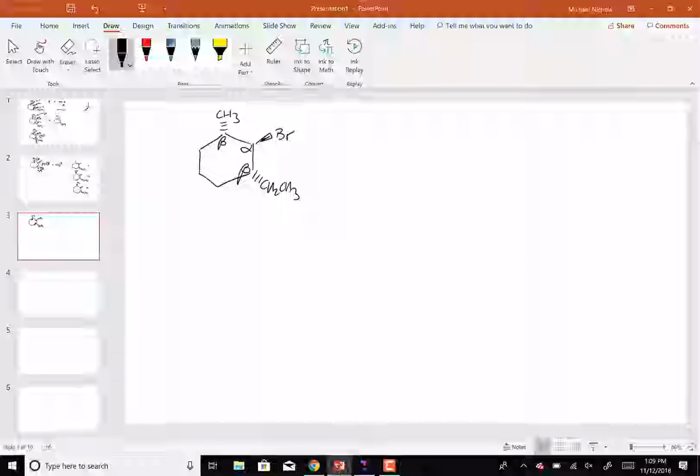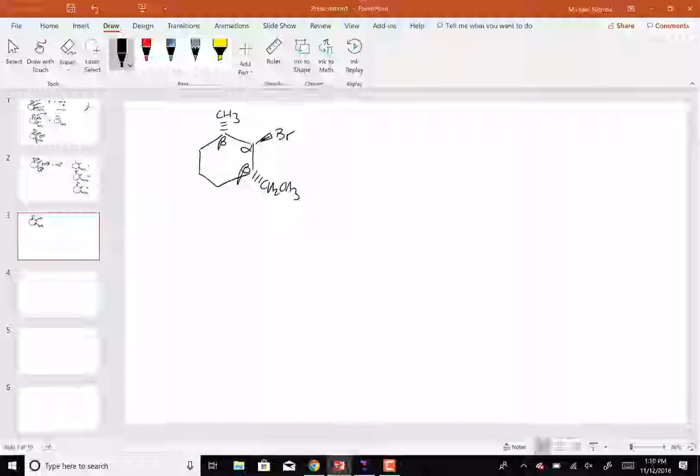We just need to make sure that the beta hydrogens are trans to the leaving group. But I don't see any beta hydrogens. They're not there. You have to draw them in.